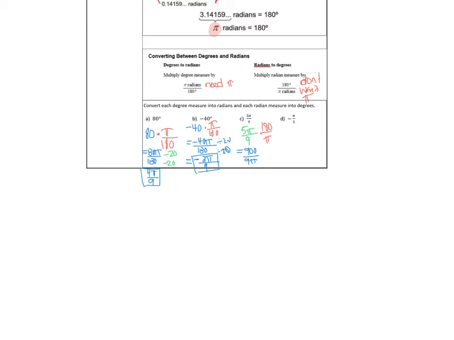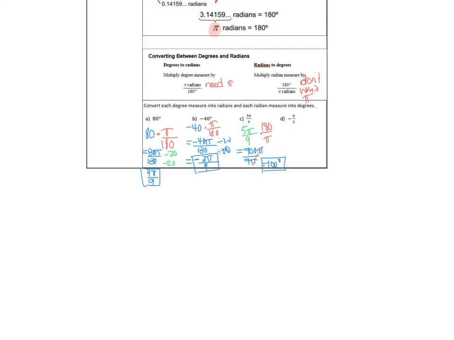Oh, there is pi on top. What am I thinking? So it's 900 pi over 9 pi, and then we're going to simplify, so the pi's are going to divide out. That's the whole purpose of dividing by pi. And then 900 divided by 9 is 100 degrees.